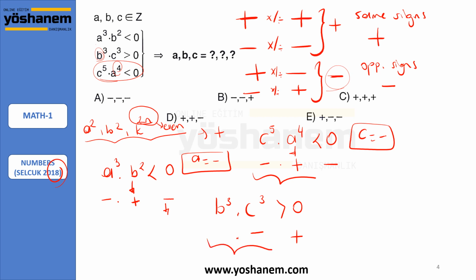So if my answer is positive, the signs should be the same, right? So my B should be a negative number also. Okay, B is negative. So the answer is A. A, B, C are negative numbers.